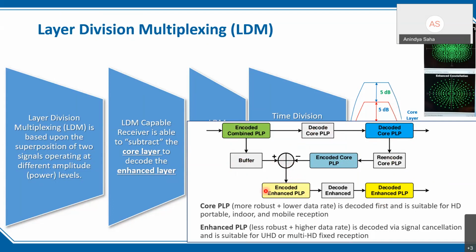This enhanced PLP will be further decoded to get the enhanced layer. So this is the mechanism which an LDM capable receiver has to follow to make sure it receives either the decoded enhanced PLP or maybe the core layer PLP also. If it wants both, it has to do both operations.